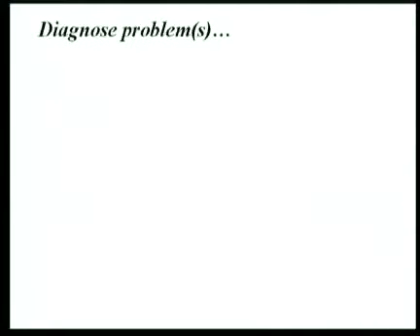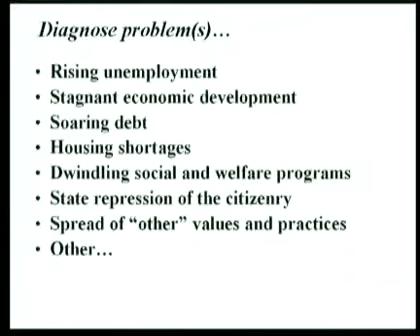Picking those apart one at a time, diagnosing the problem from the neo-Luddite standpoint. They see all these as problems that they're having: rising unemployment, stagnant economic development, soaring debt, housing shortages, dwindling social and welfare programs, state repression of the citizenry, and then spread of other values and practices, and probably a host of other things.